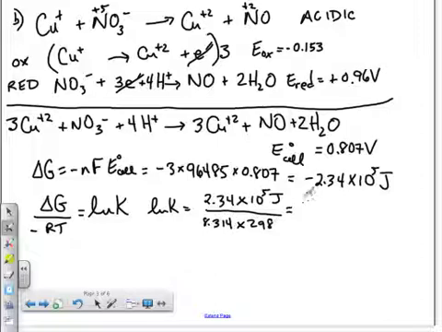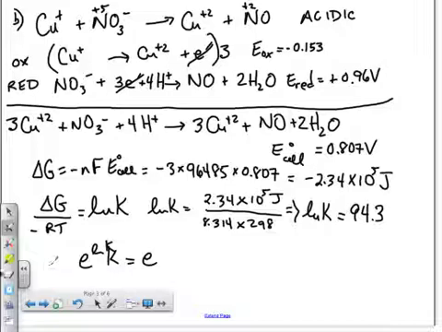When I do that, my ln of K is equal to 94.3. I take e to the ln K equals e to the 94.3. Plug that in on the calculator, and K is equal to 9 times 10 to the 40th.